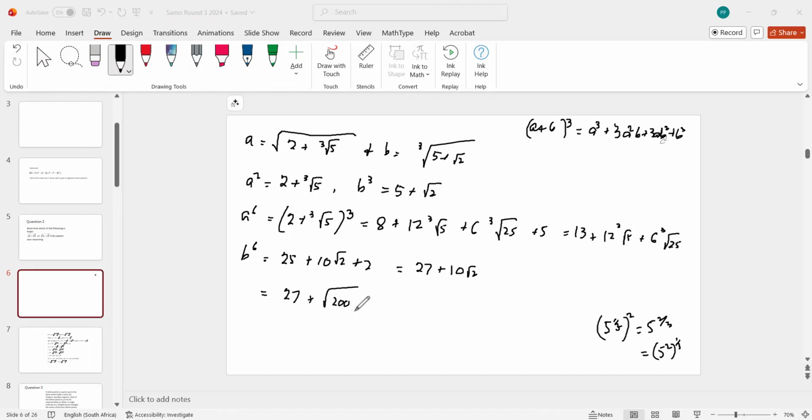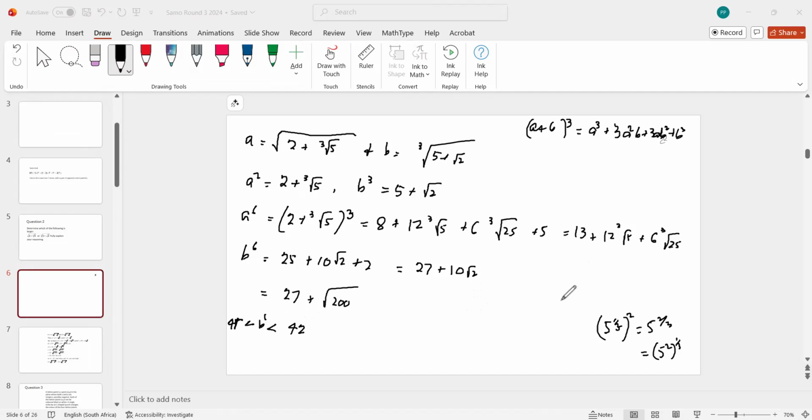And square root of 200 lies between 14 and 15. So it's certainly less than 42, 27 plus 15. And it's bigger than 41, because 196 is 14 squared. So this number here is between 41 and 42.